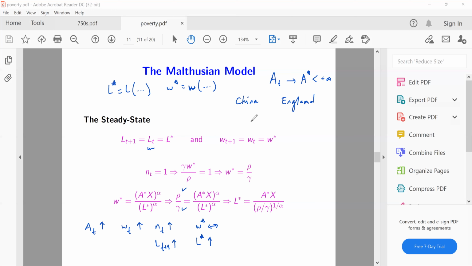Now, if these countries, so we know that X levels are different, right? We may also imagine that A levels could be different. Okay. So if these are different and gammas and rhos are similar, what happens? Well, population levels in the long run will be different.